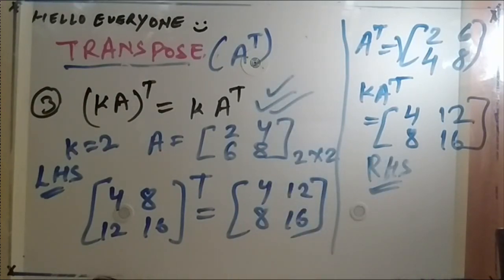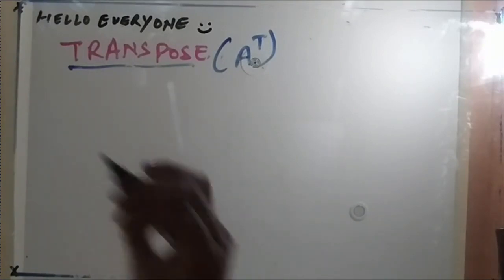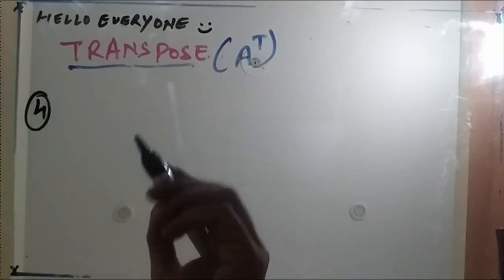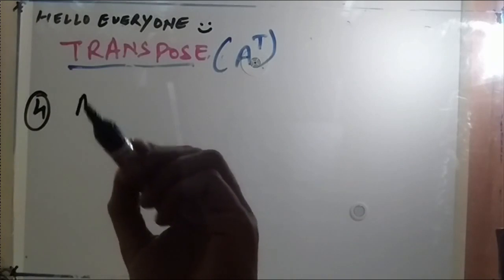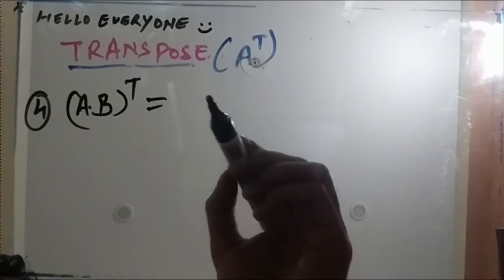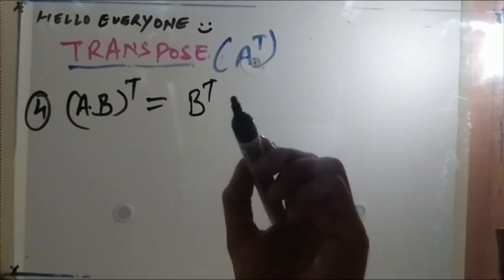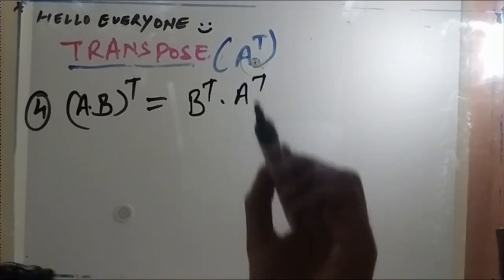Let's go to the fourth property. Fourth property is A B whole transpose equals B transpose into A transpose.